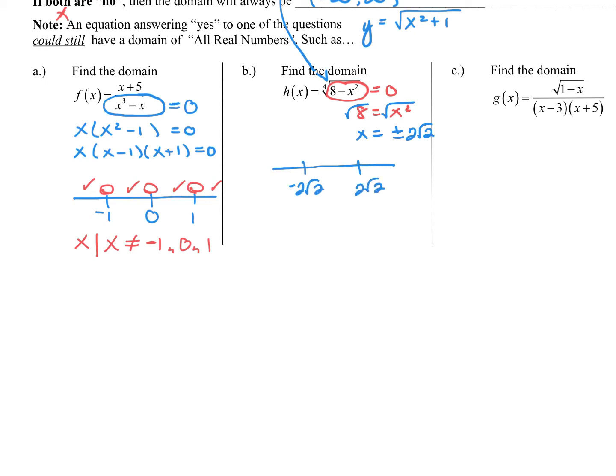And since at these two values, this expression is 0, and I know that the fourth root of 0 is 0, that is a valid number. It's nothing imaginary. I'm going to make these solid dots because it's still okay. Remember, back here, we made them open because it made a denominator 0.